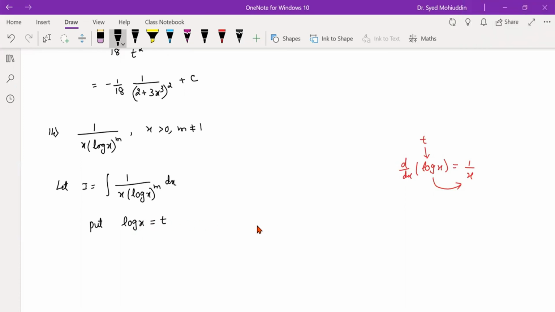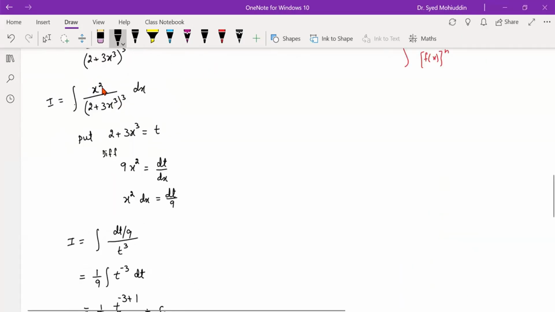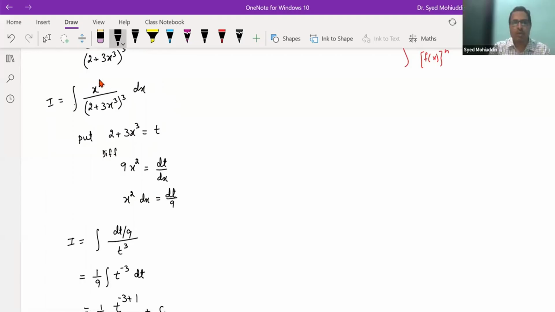Most of the time, one more clue you can see, most of the time you can just check it. Whichever is having power, in most of the problems that we are doing, whichever is having power, we are taking that as t. In this, power m is there, we are taking as t. It's not always the case, but most of the time. You can see here also. But that is not the clue, because here also you are having power.